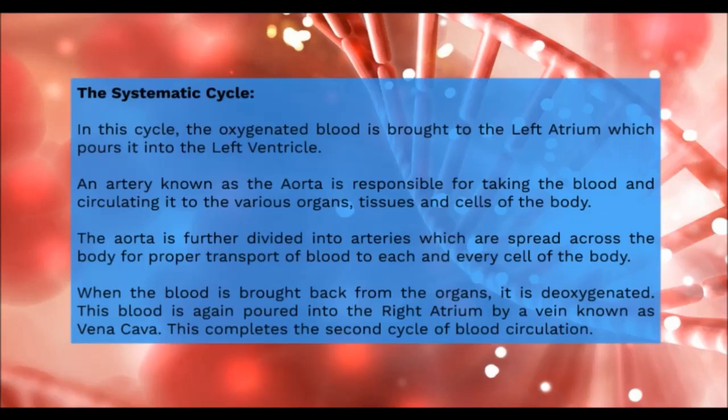The aorta is further divided into arteries which are spread across the body for proper transport of blood to each and every cell of the body. When the blood is brought back from the organs, it is deoxygenated. This blood is again poured into the right atrium by a vein known as the vena cava. This completes the second cycle of blood circulation.